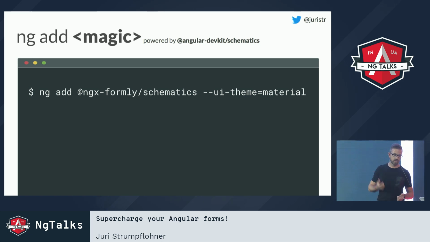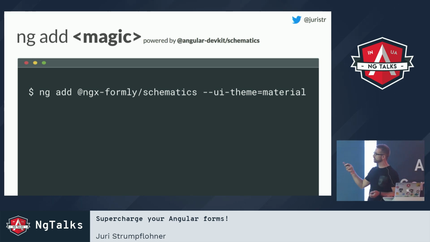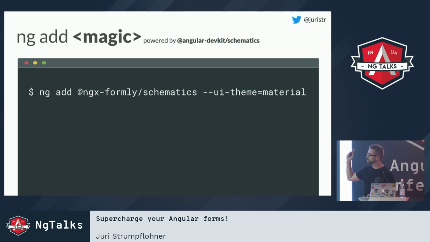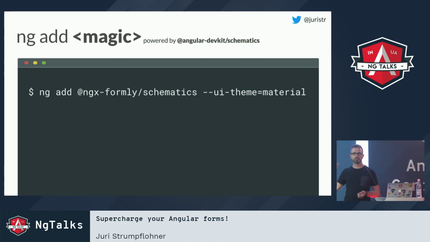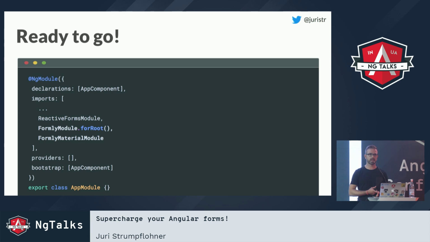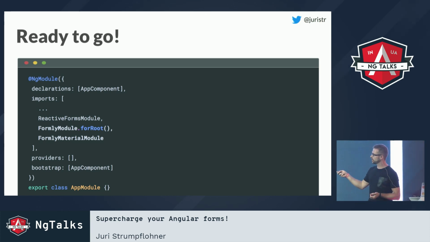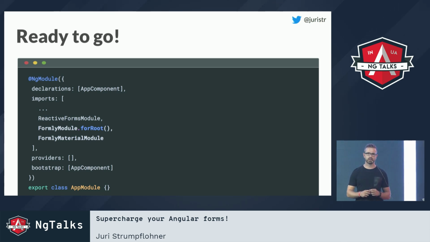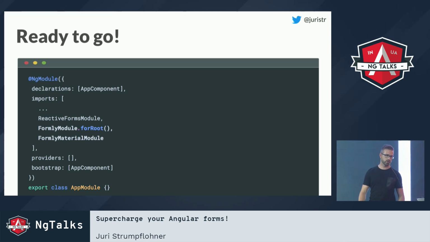And the guys from NGX Formly did that. So what you can do is just ng add @ngx-formly/schematics. You pass in a parameter which is the UI theme you want to use, and it will set up everything for you. It will also modify your code and insert the Formly module forRoot, which sets up the basics for Formly to run on your project.